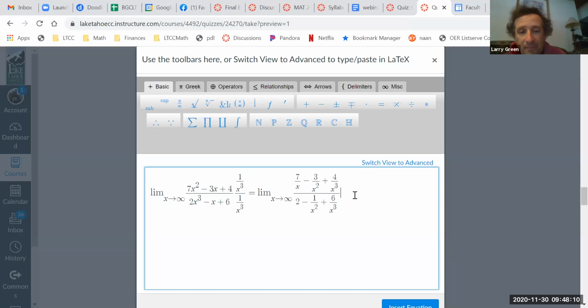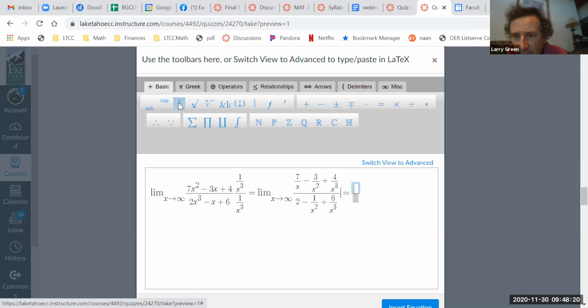What's the next step? Yeah, plug in. Remember that we're going to infinity. So if you have a regular number over infinity, that's always 0. Notice that the numerator is just 0 minus 0 plus 0. That's just 0.